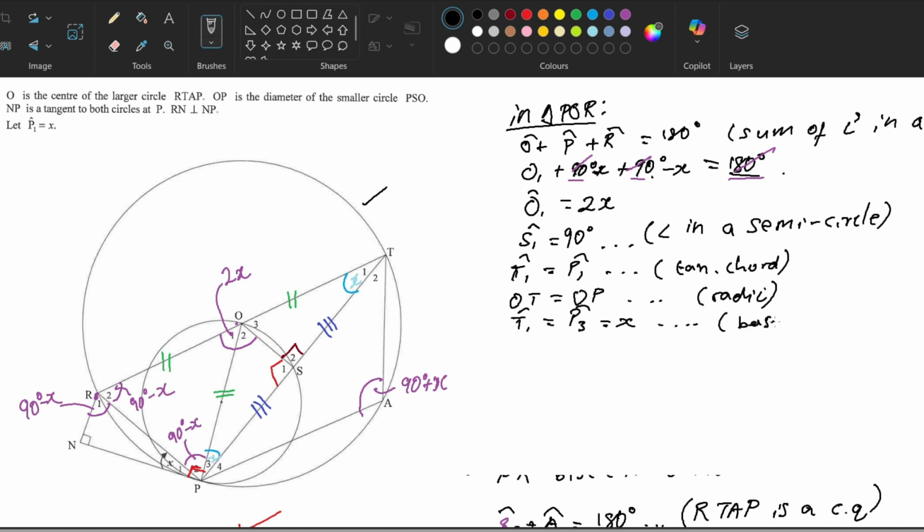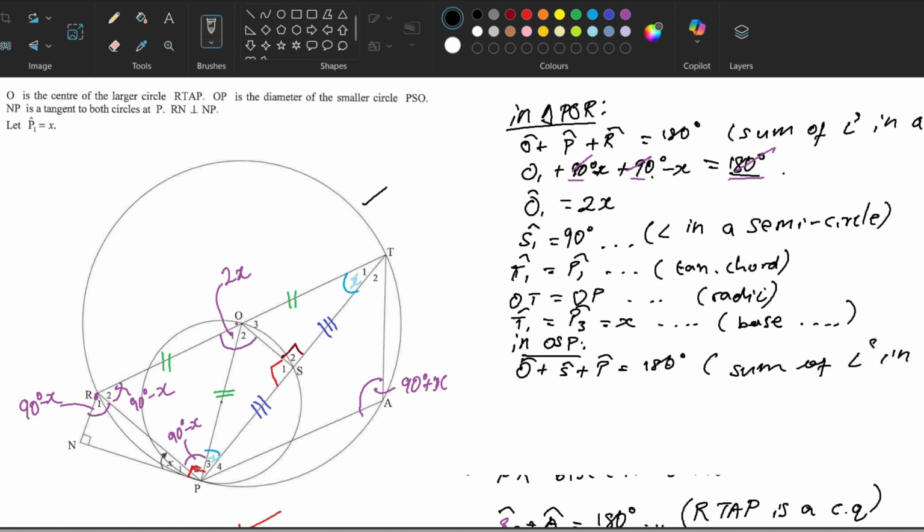And then you can tell the examiner again that you are dealing with triangle OSP. In triangle OSP, you are going to say angle O plus angle S plus angle P is equal to 180 degrees. Your reasoning, you are going to say sum of angles in a triangle.